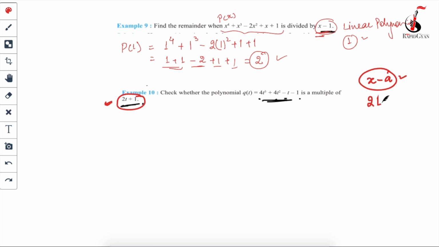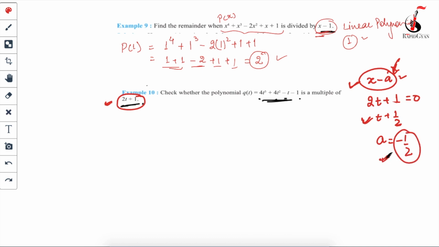So 2t plus 1, if I make it equal to 0, then in order to make it in the form of x minus a, I will divide the whole equation by 2. So this will become t plus half, correct? So what is the value of a over here? The value of a will be equal to minus 1 by 2.